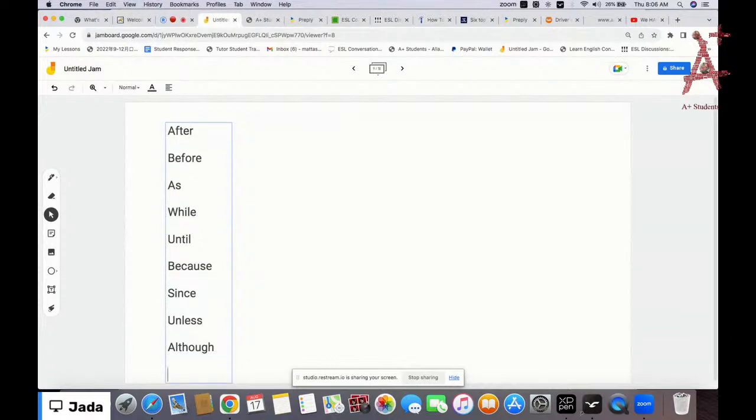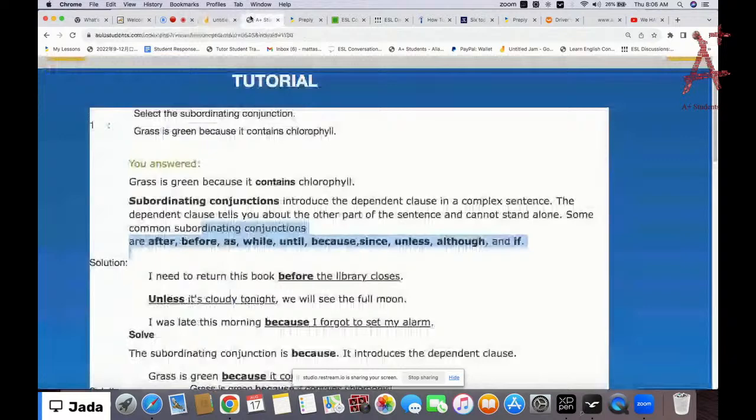We have 10 subordinating conjunctions here, and like I said, they are used for dependent clauses. They always introduce your dependent clause.